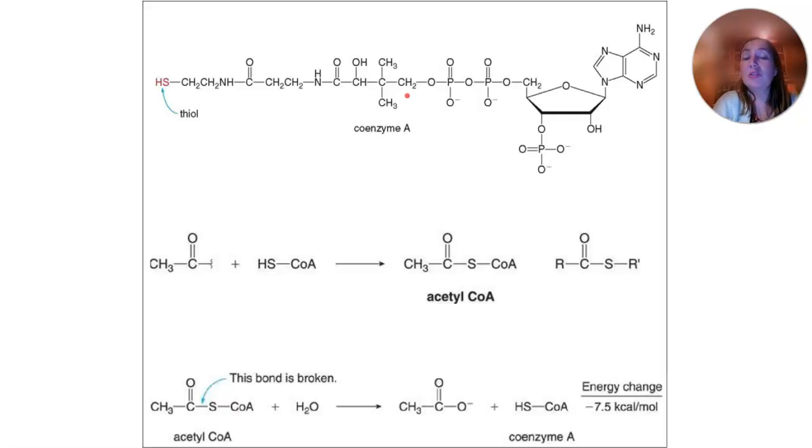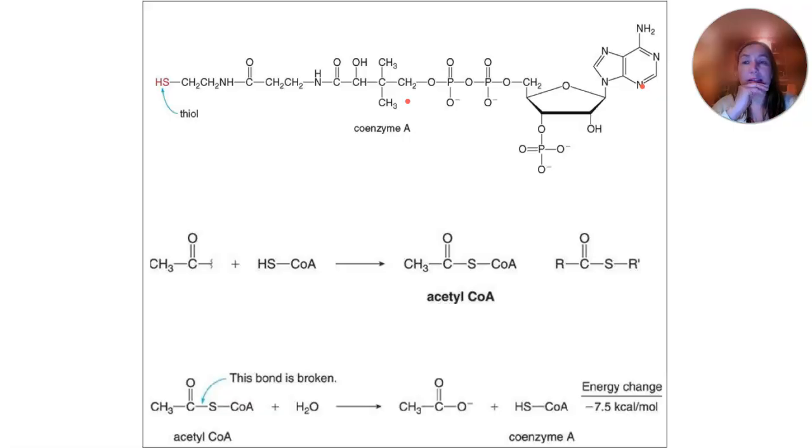Then it's connected to a CH2 and then to two phosphate groups, one after the other. So we're seeing diphosphate. Then we're seeing our five-membered ring with our oxygen and a phosphate group. And then we're seeing our fused ring system.